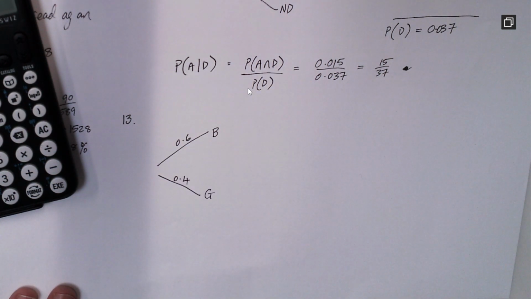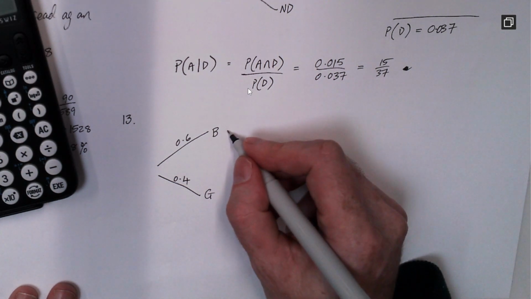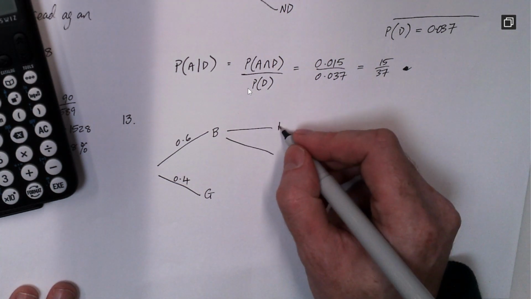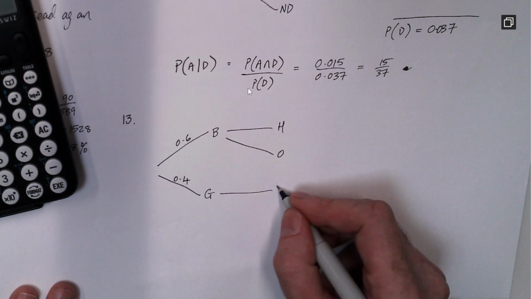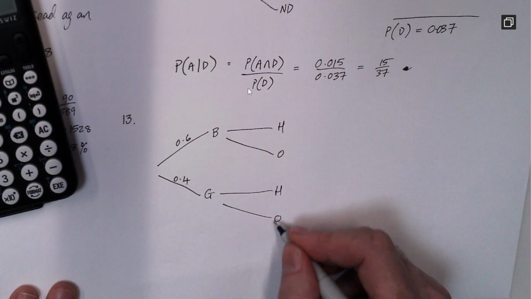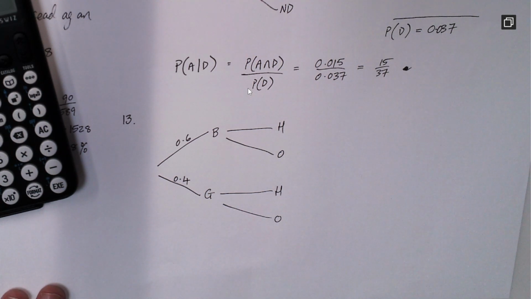Okay, 0.4. Now we split it into higher level maths and ordinary level. So we split into two, higher and ordinary level. Right. So for the boys then and the girls, we split into higher level.